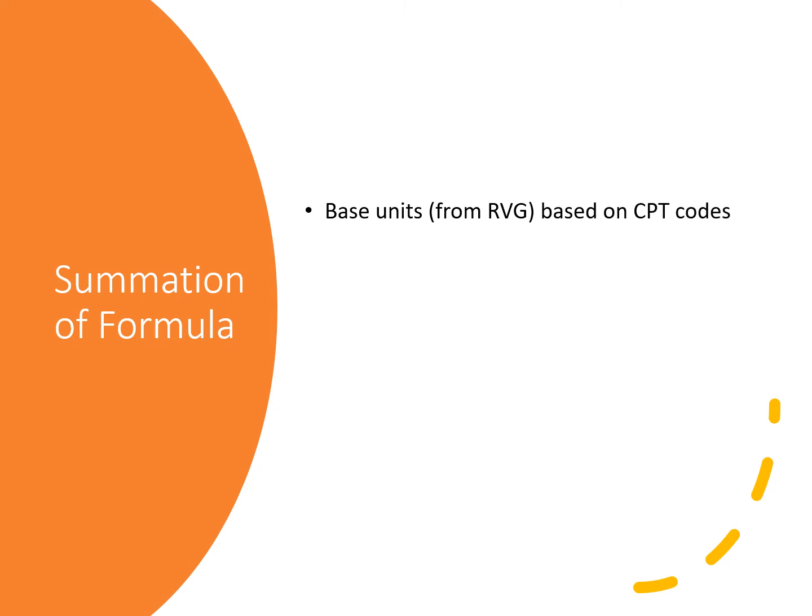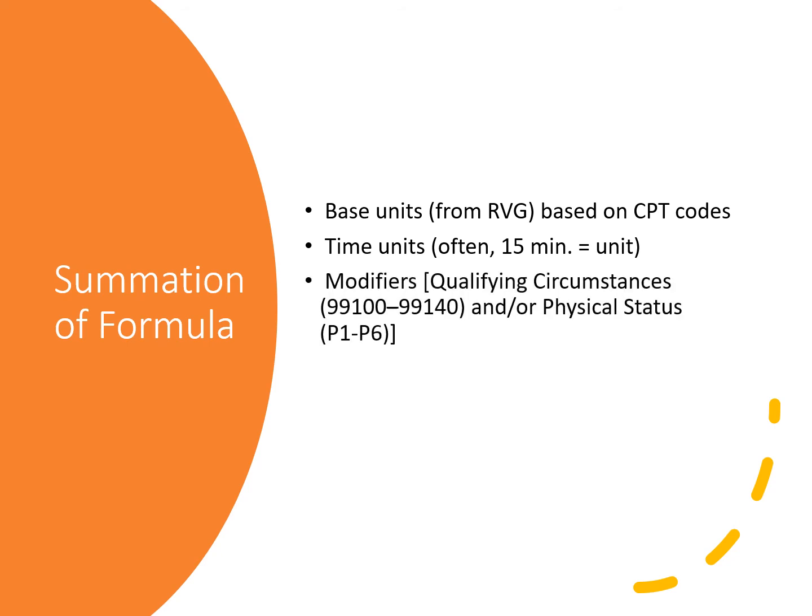So the formula again is the base units from the RVG based on the CPT code, and the time, often in 15-minute increments, and your modifying circumstances and your physical status modifiers.